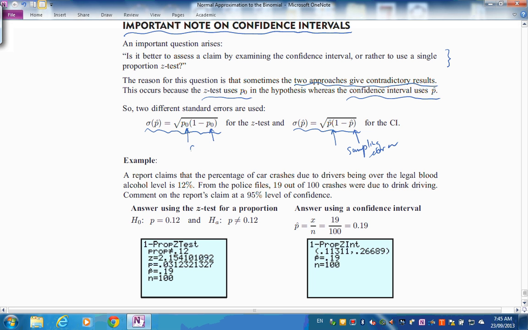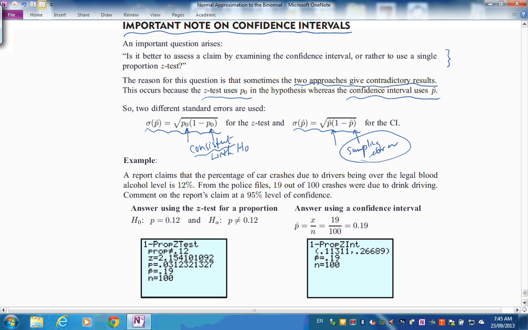Whereas over here, this is consistent with H naught, isn't it? Because H naught proposes a P naught hypothesis, and so the sigma that goes with it would be part of that whole hypothesis. It wouldn't involve an error that is inherent in sampling. Okay, so let's have a look.